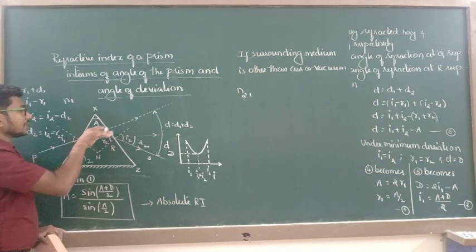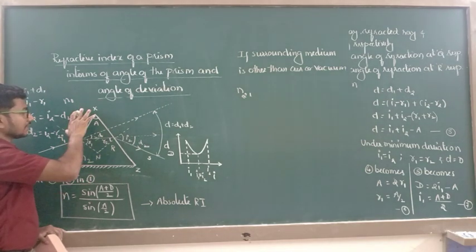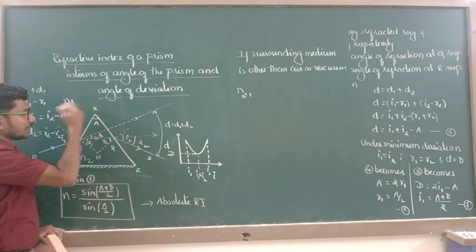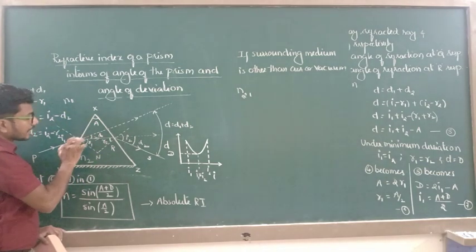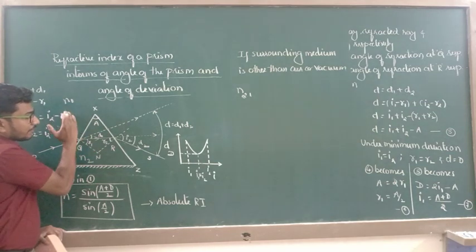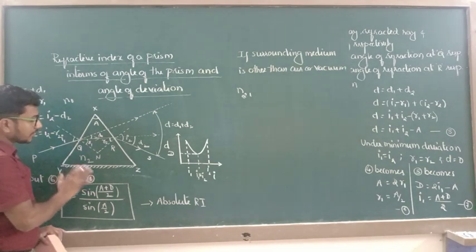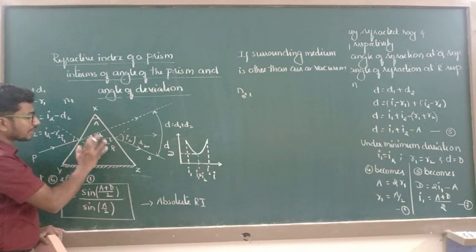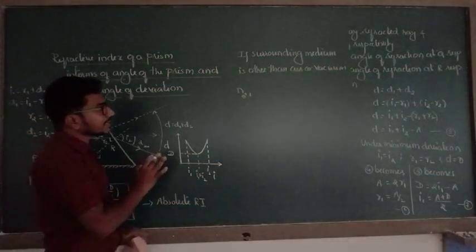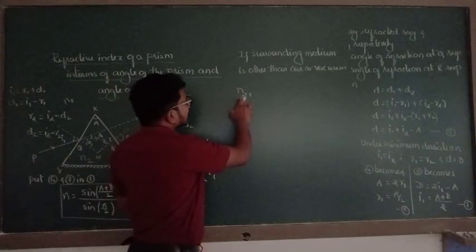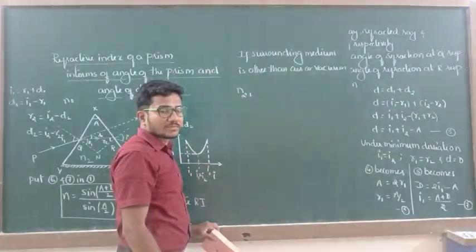If suppose surrounding medium is other than air or vacuum, having refractive index greater than the refractive index of material of the prism, then this refracted light bends away from the base, even though in this case change in path of light occurs in second medium. Therefore, in both the cases change in path of light occurs in second medium.